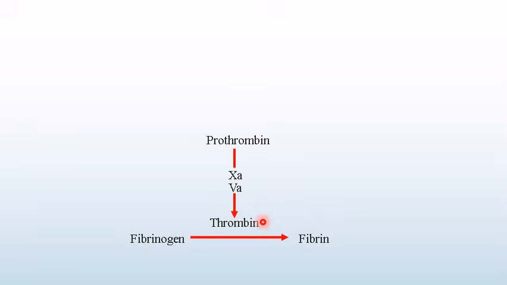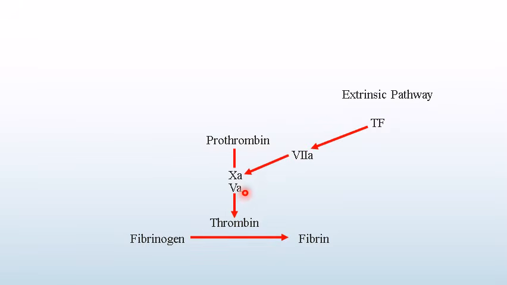Thrombin in turn comes from a precursor called prothrombin. Prothrombin changes to thrombin via factor 10. So activated factor 10, as you see, Roman numeral X means 10 and A for activation. Active factor 10 will act on prothrombin to form thrombin.